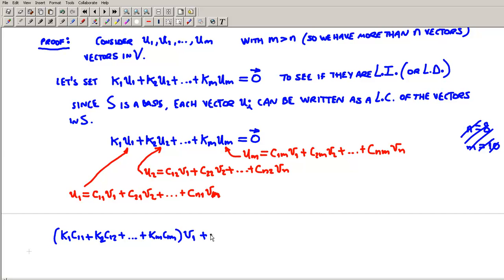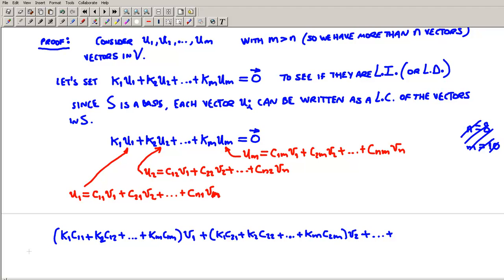Okay, and then I need to collect all the coefficients for v2. It will be k1 c21, and then k2 c22, right? And then k3 c23, keep going, until I reach the last coefficient for v2, which is km c2m. And so that takes long.